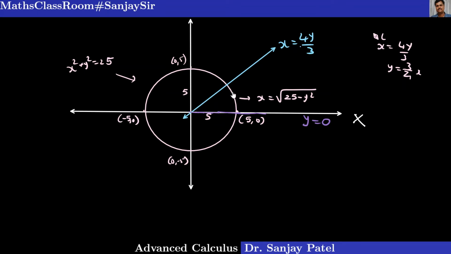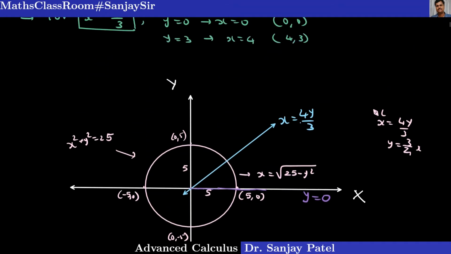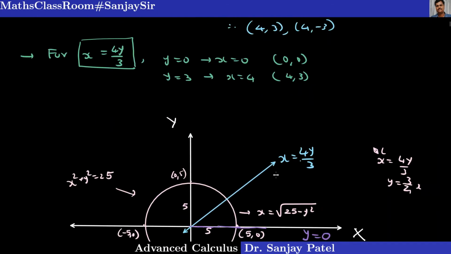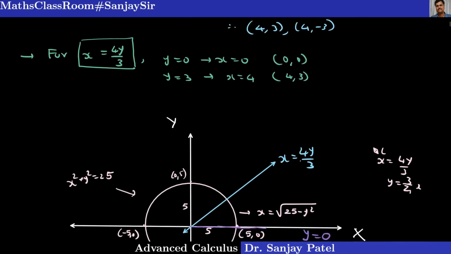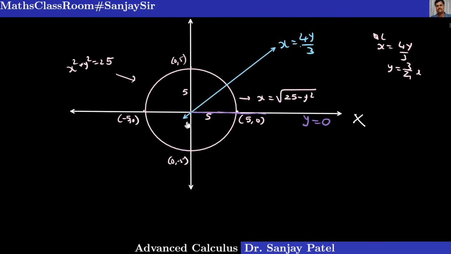And where is 3? We have already obtained the intersection of this line x equal to 4y by 3 and the circle x square plus y square is equal to 25. And the point of intersection of these two is (4, 3). Yes. So this point is (4, 3).